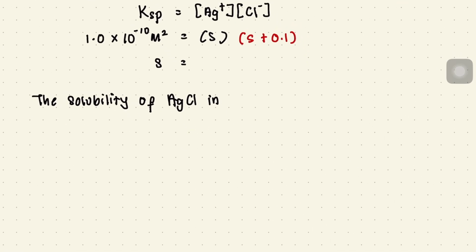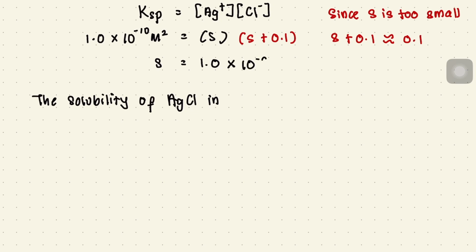However, because solubility is very small, since S is too small, we can assume that S plus 0.1 is just 0.1, which means we can ignore the S. S is negligible because it's very small. So let's calculate back. If you calculate this, therefore you're going to get this.